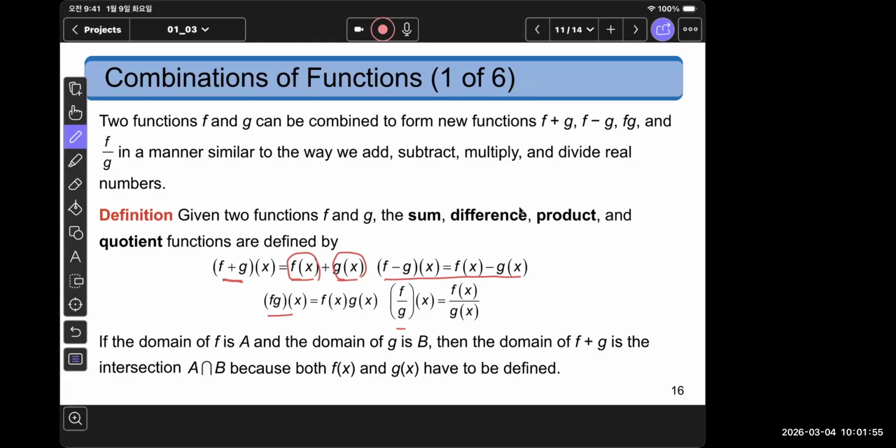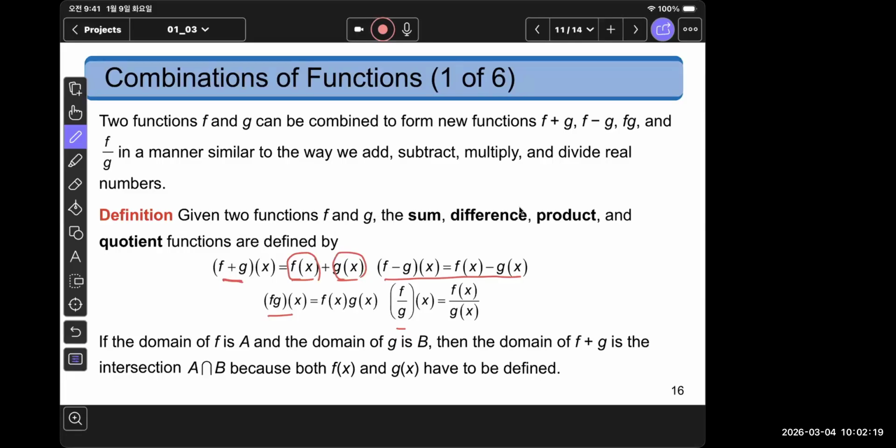In a similar way, f minus g of x is meaningful only when both f of x and g of x are defined.